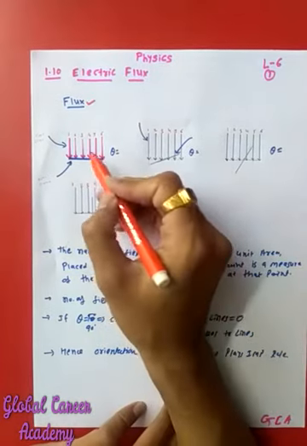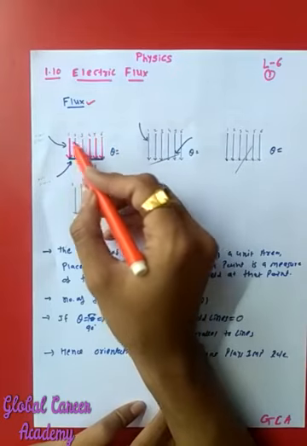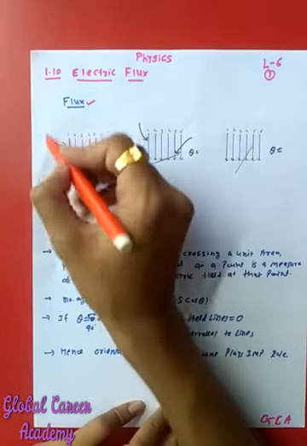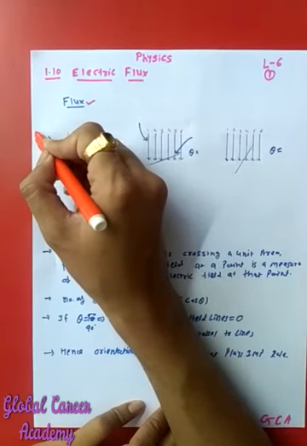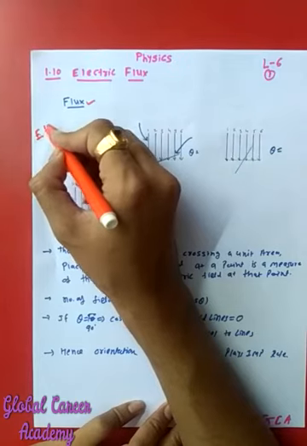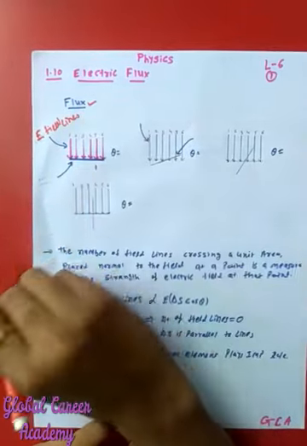Let us consider the first figure. In the first figure you can see that we have 1, 2, 3, 4, 5, 6 electric field lines. I am just writing in short that these are the electric field lines. Six lines you can see over here.